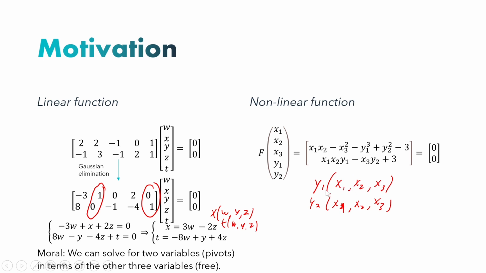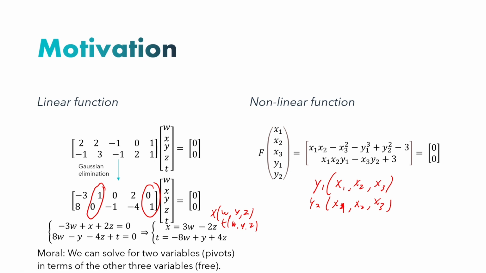We just don't explicitly know what those functions are. So that's the idea behind the implicit function theorem. And once we introduce it, we are going to come back to this exact example, and we'll see what the theorem would say in this situation.